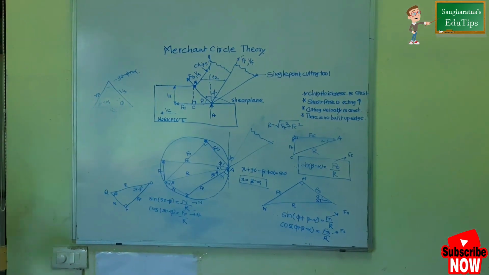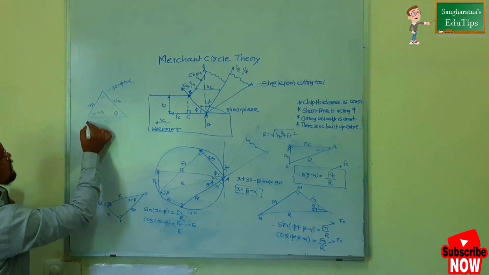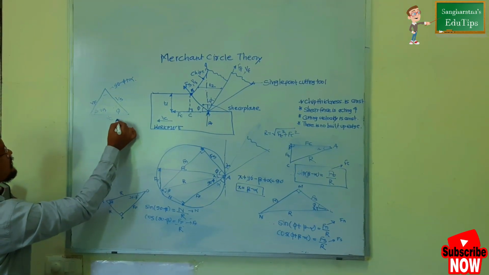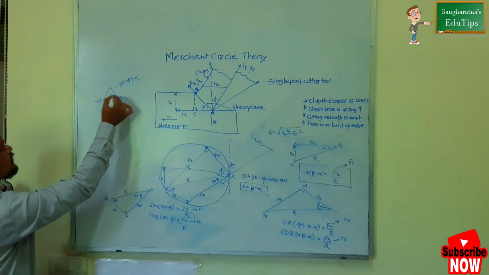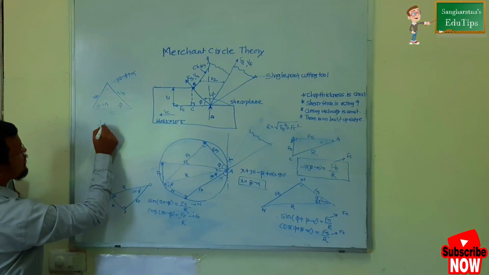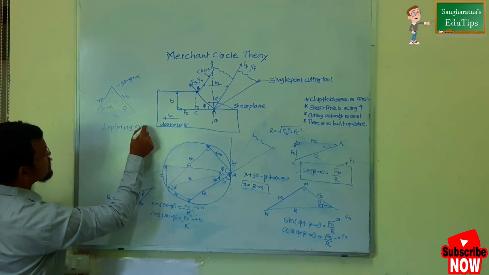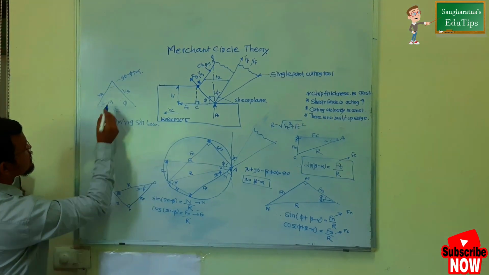So here we will apply the sine law. All the angles we came to know, the angle between VS and VC, VF and VC, and VF and VS. So what does the sine law say?